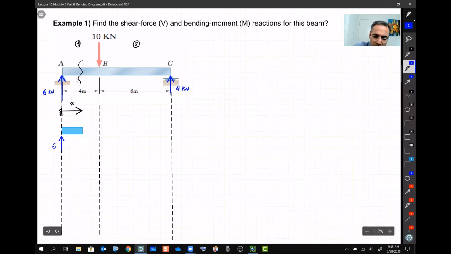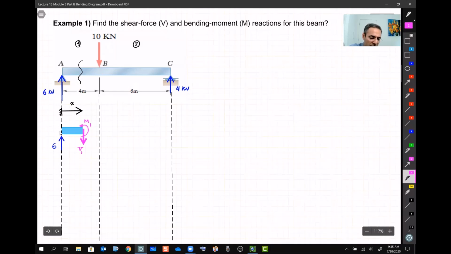And then because we are looking at the left section, remember left section, we are going to have V coming down and M is like that. So it's going to be V1 and M1. This is my free body diagram.